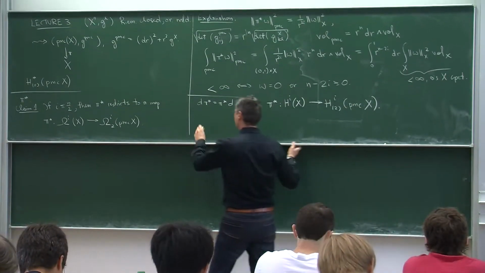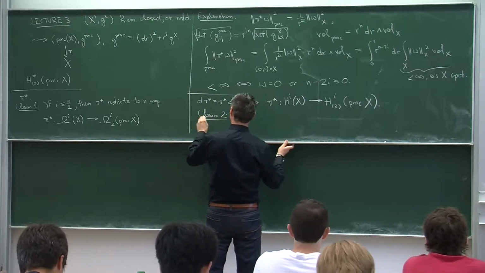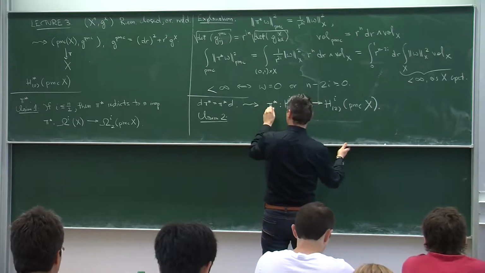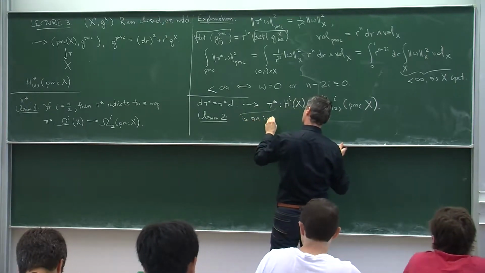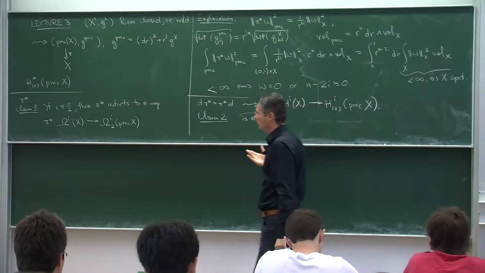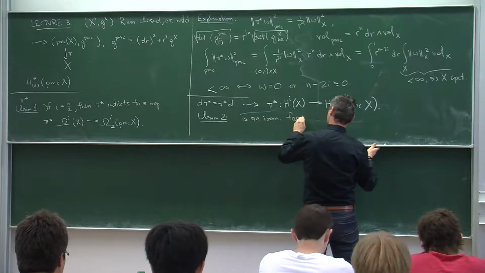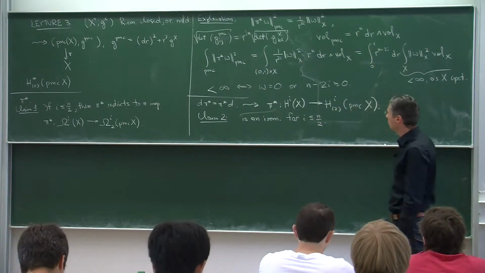So claim 2 is then: this map here, this pi star, is an isomorphism, well, in the range where we have it. So again, for I less than or equal to n over 2.